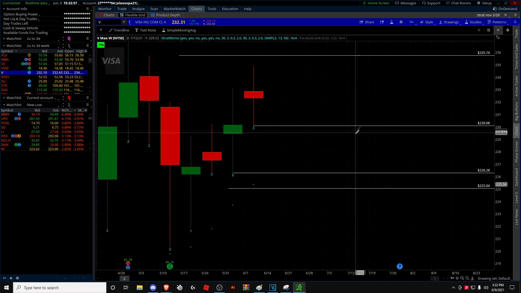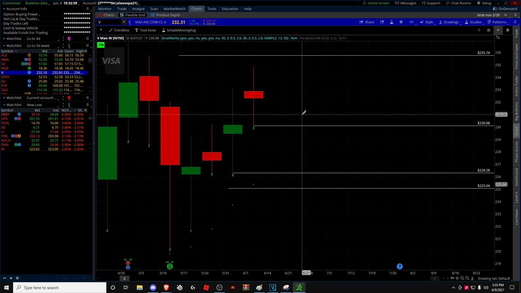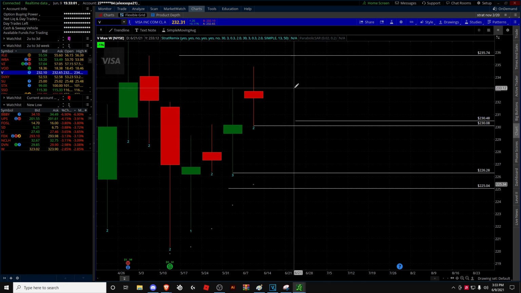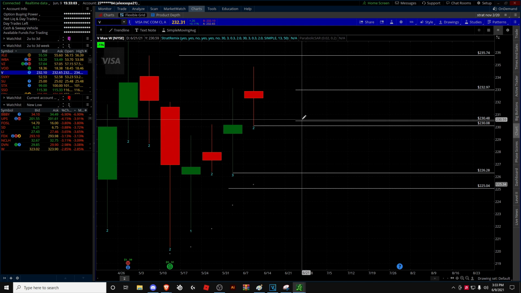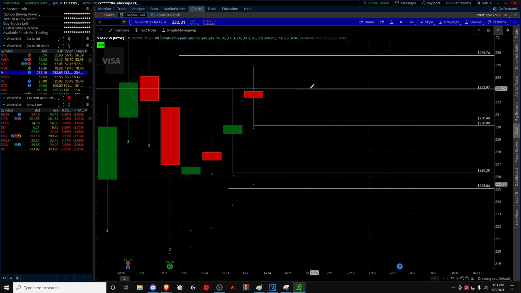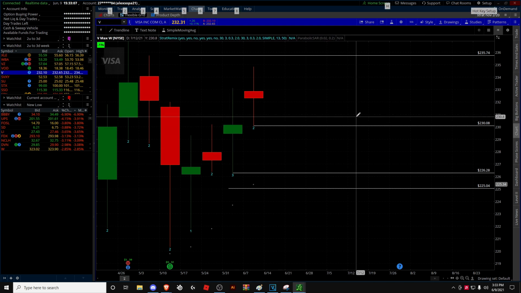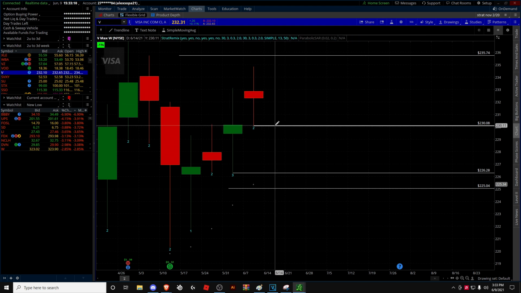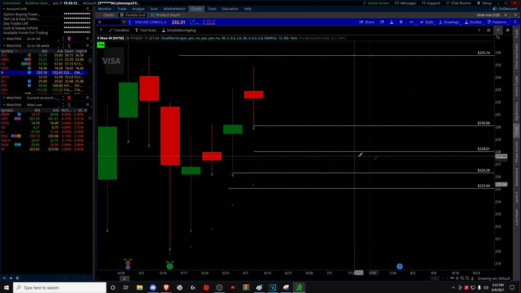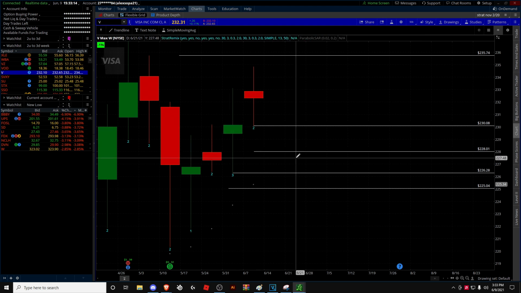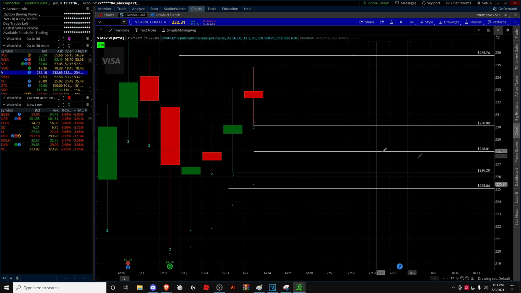So for calls, if you have the 230 call and it trades up to 233, then that's going to have an intrinsic value of $3.00 per share. And for puts, if you have the 230 put and it's trading at 228, that's going to have an intrinsic value of $2 per share, because it's just the difference between the strike and the current price of the stock.